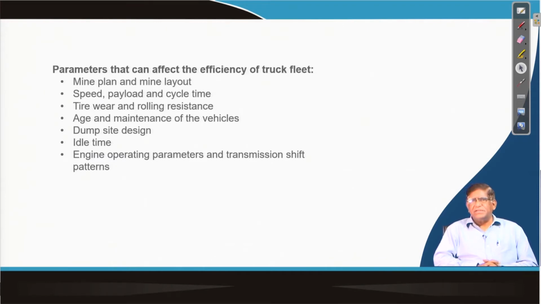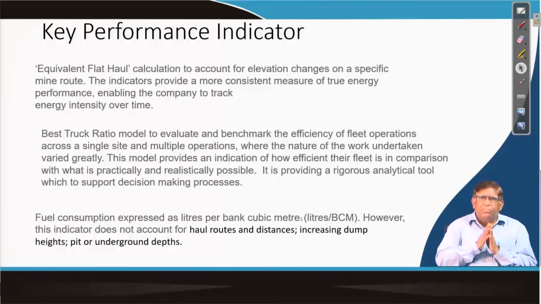So, the matching of the equipment for the site condition is very important. And of course, the performance under those conditions will depend on the design of it. A mechanical truck will behave differently, an electric haul truck will behave differently, or a trolley assist truck will behave differently, but we will have to measure that performance.